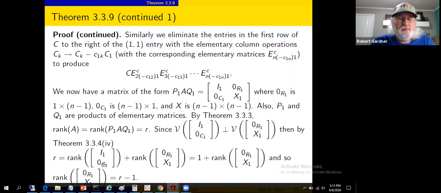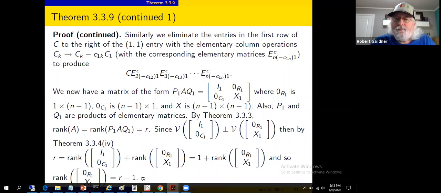You know the rank of the first part? Yeah, it's just a column vector. It's a 1 followed by a bunch of zeros. It's a rank of 1. What's the rank of this one? Well, I can figure it out now because we know R equals the sum of the ranks. That's 1 plus this thing. So this thing must have rank R minus 1.